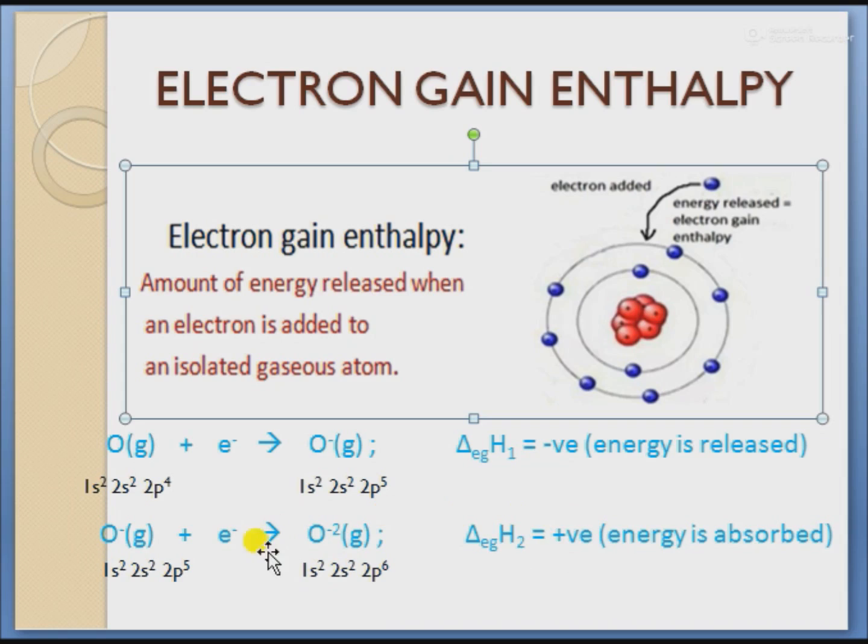This is due to the electron-electron repulsion between the O negative ion and the electron, because both have the same negative charge. Due to their repulsion, some energy is supplied to add this electron to the O negative ion, and that's why its enthalpy is positive.